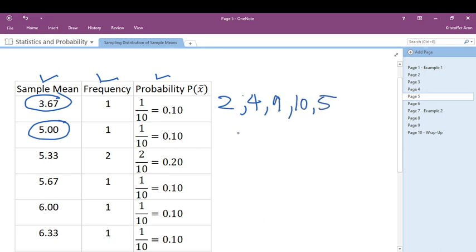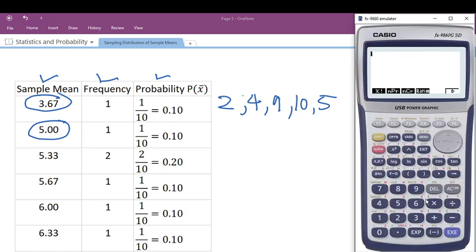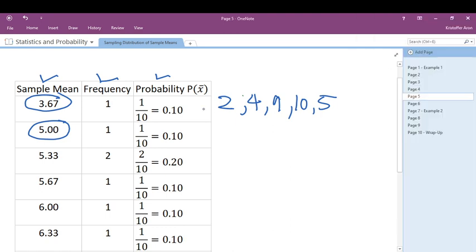If we add them, 2 plus 4 plus 9 plus 10 plus 5, and divide by 5, the population mean is equal to 6.